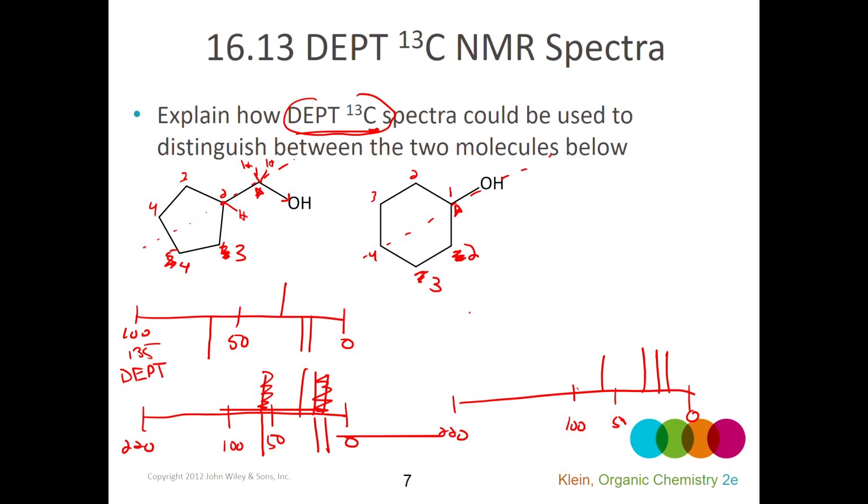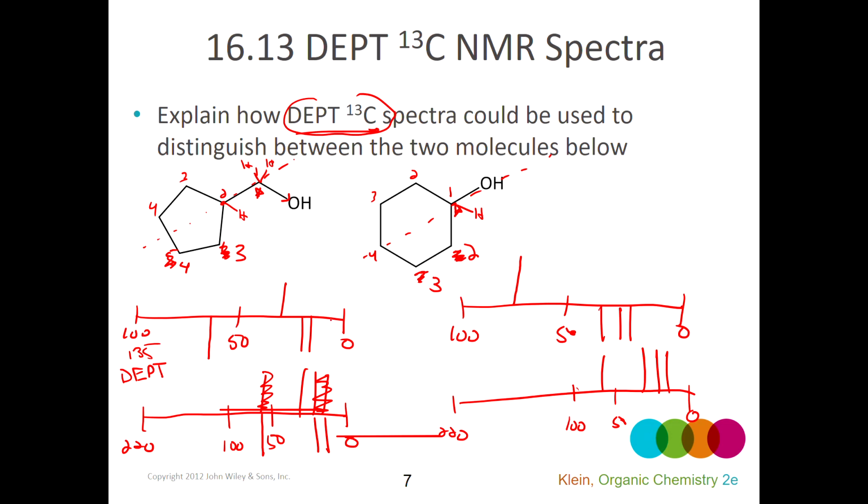On the other side, if I look between 0 and 100 specifically, the carbon that's directly bonded to the oxygen is a CH. So that molecule would give a signal between 50 and 100 that would be pointing up. All the other ones are CH2s, and so they would all be pointing down.